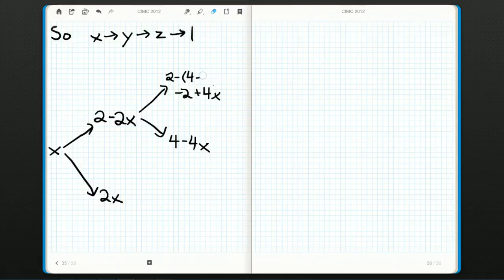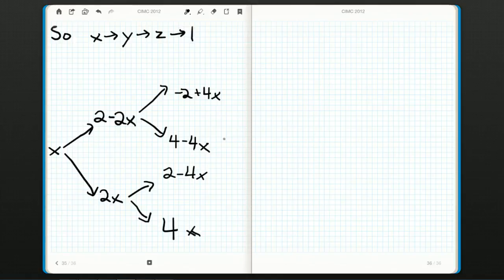And these are some of the possible values for z. Okay. Well, what if y had been these values down here? Okay, we could have 2 minus 2 times the input, which is 2x, so that's 2 minus 4x. Or we could just straight up double it again if 2x is still less than or equal to a half.